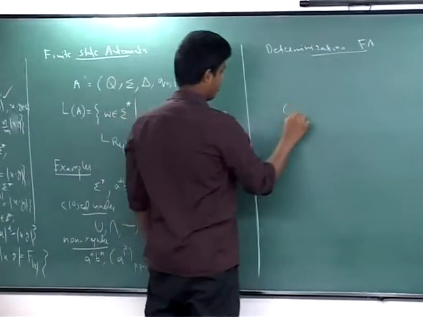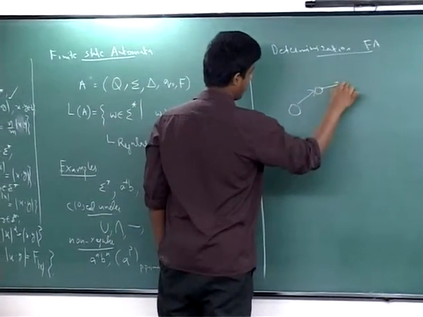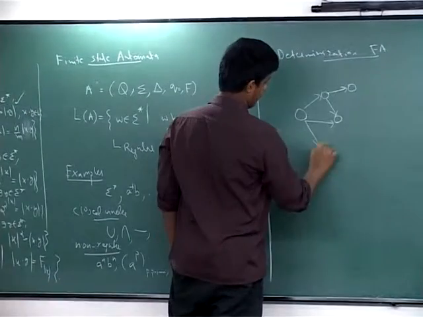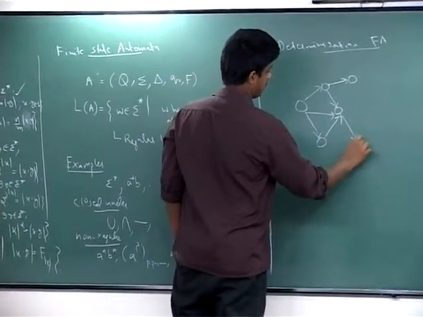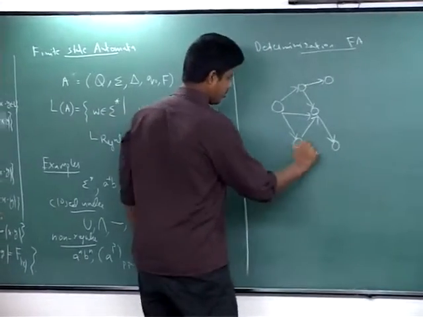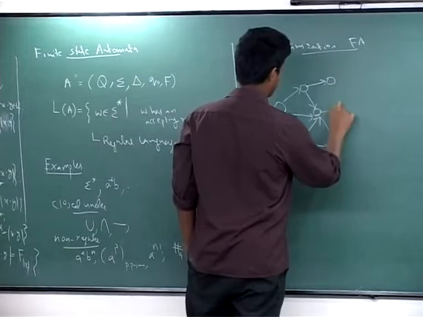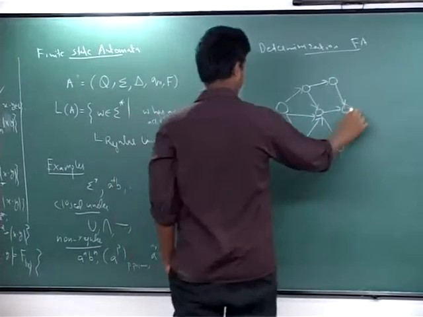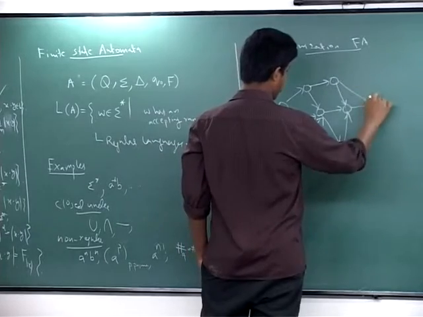So finite state automata, you can draw like this, a graph. Are you following this? If you have any doubt, just ask me. So you have a graph. Suppose this is non-deterministic.